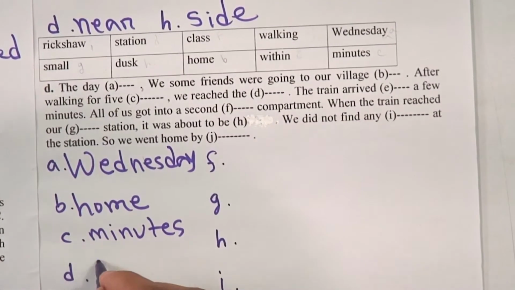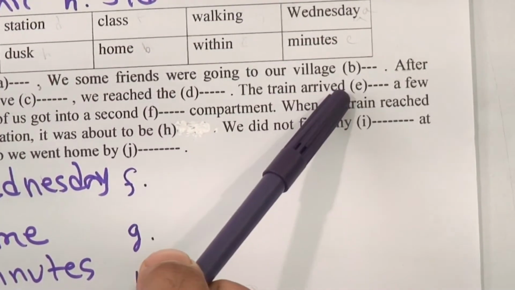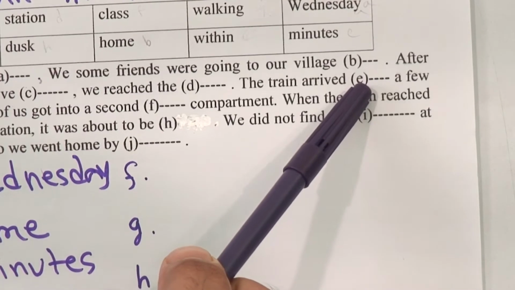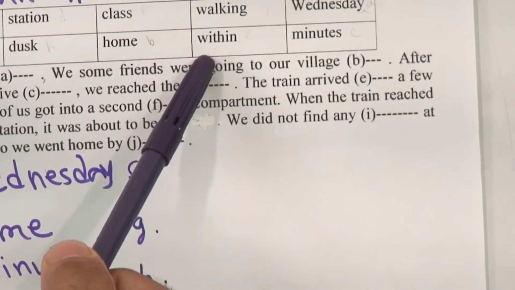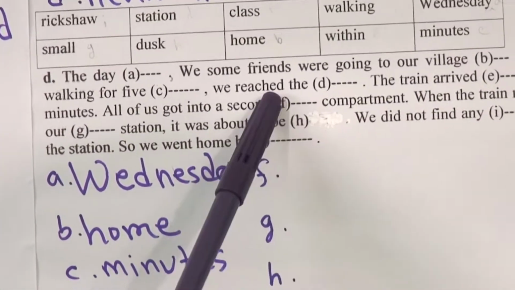We reached the station. Okay, the train arrived. When did the train arrive? We reached the station.